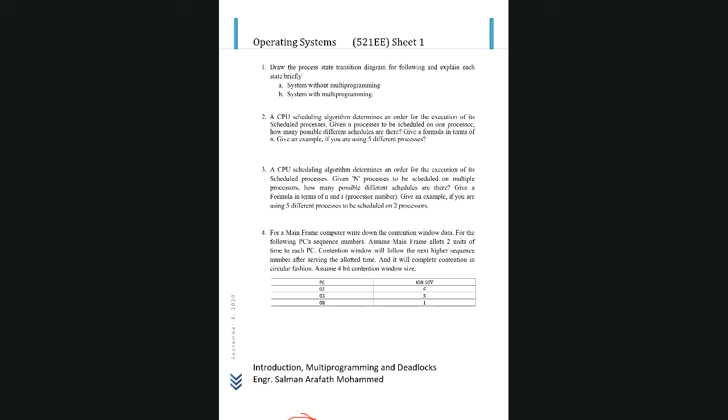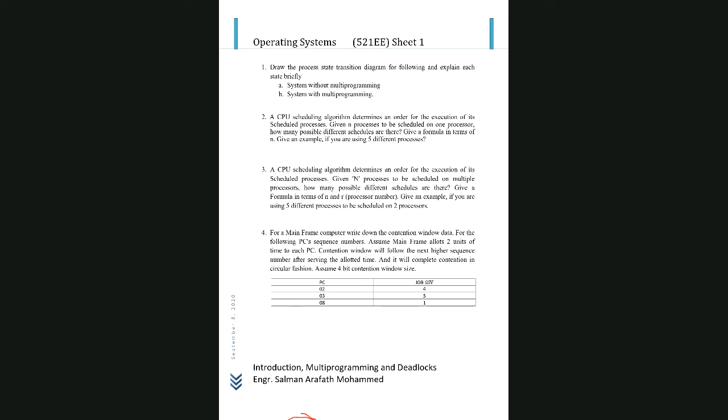Okay, great. So now, what is the meaning of circular fashion? Circular fashion means, you see, it is like a clock. You have PC 0, PC number 1, PC number 2, PC number 3, 4, 5, 6, 7, 8, 9, 10, 11, 12, 13, 14. After 15, again it will start from 0. Okay, so this is circular fashion. Understood?